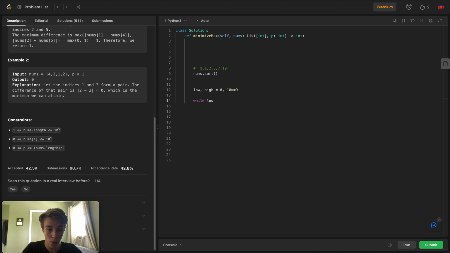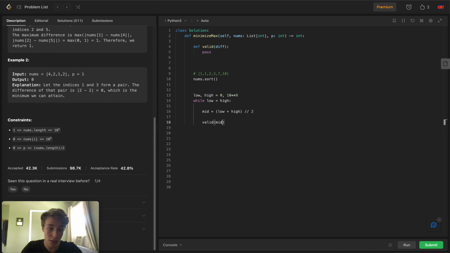So while low is less than high, we're going to define a function called valid that's going to look at a potential difference and consider if that difference is valid or not. So valid is going to return true or false. Mid is going to be defined by low plus high divided by 2.